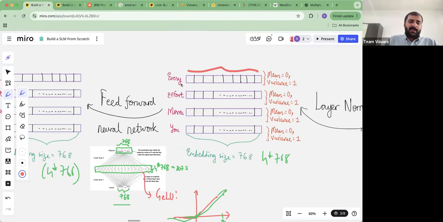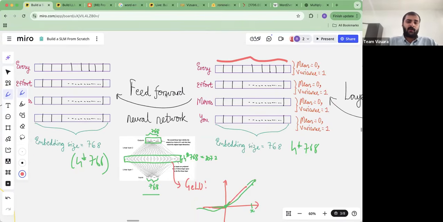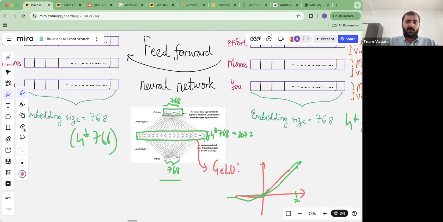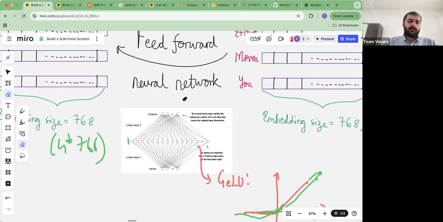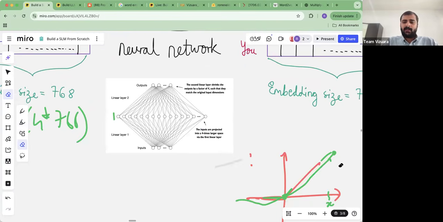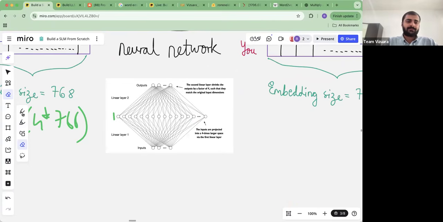After this point, there is a very interesting layer called a feed forward neural network. And this feed forward neural network has a very interesting architecture which looks something like this. How many of you are familiar with what neural networks are? Familiar, right?